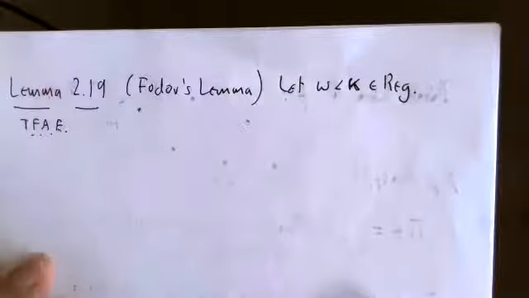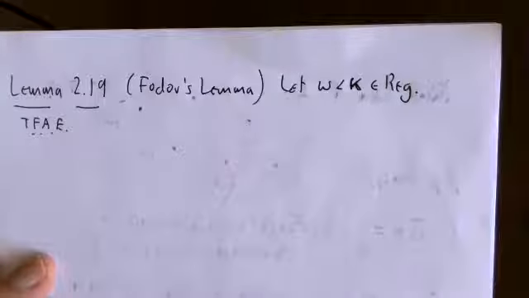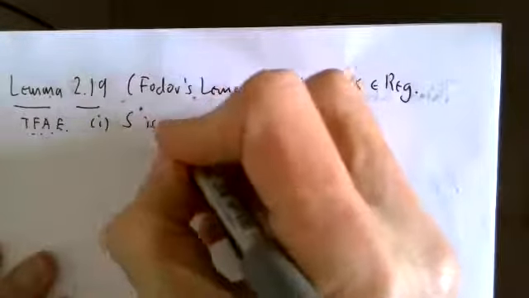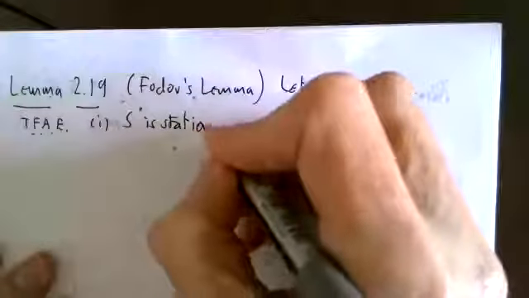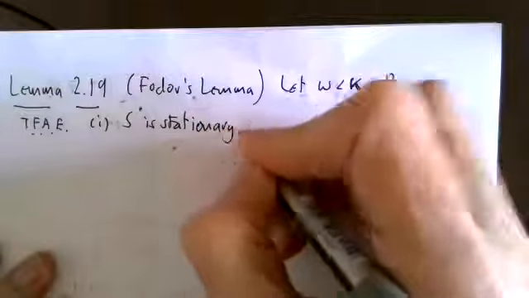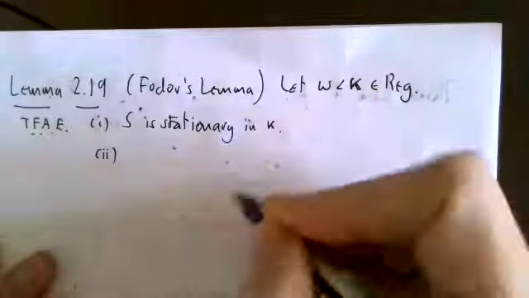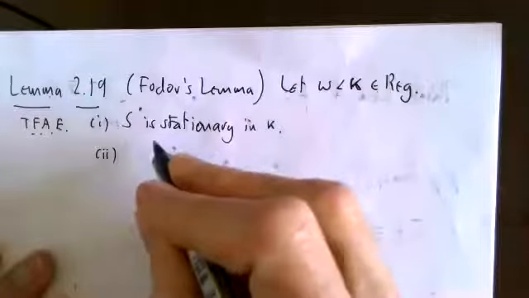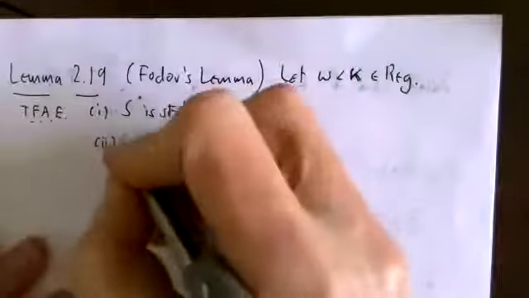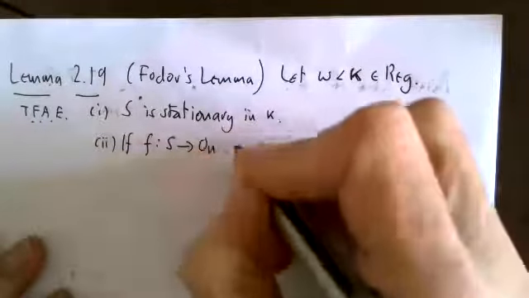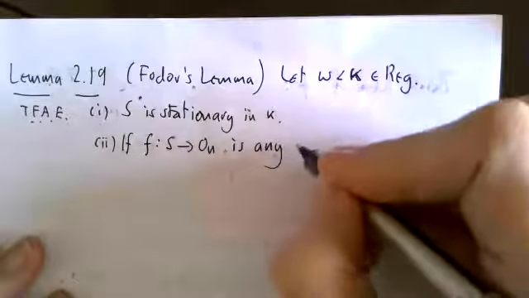Then the following are equivalent. A set S is stationary in kappa, and any function that's pressing down, or we say regressive, on S, so any function whatsoever.